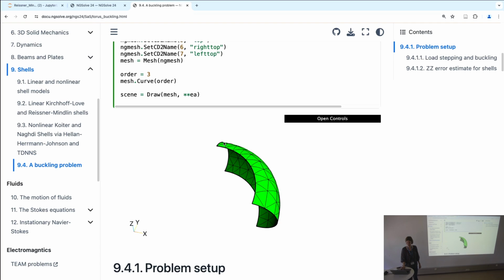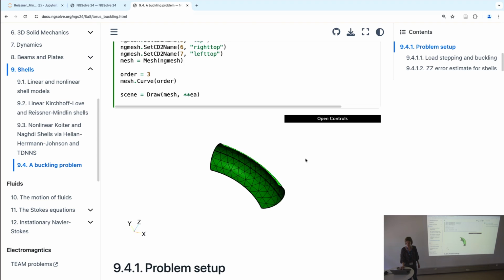And what will happen, here it's fixed, and at some point it will buckle. You will get the evolution of some point somewhere around here where you get almost a kink in this shell. And it's really hard to solve such a problem because you don't know where you will have this almost singularity as the load increases.